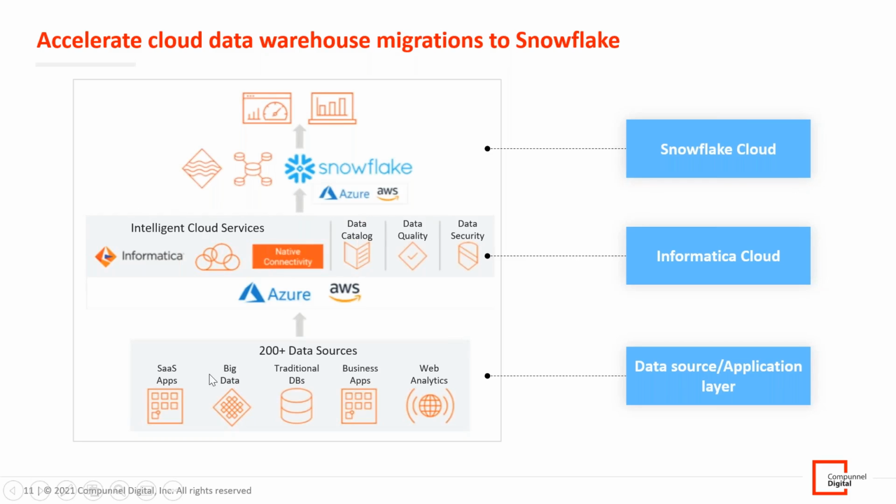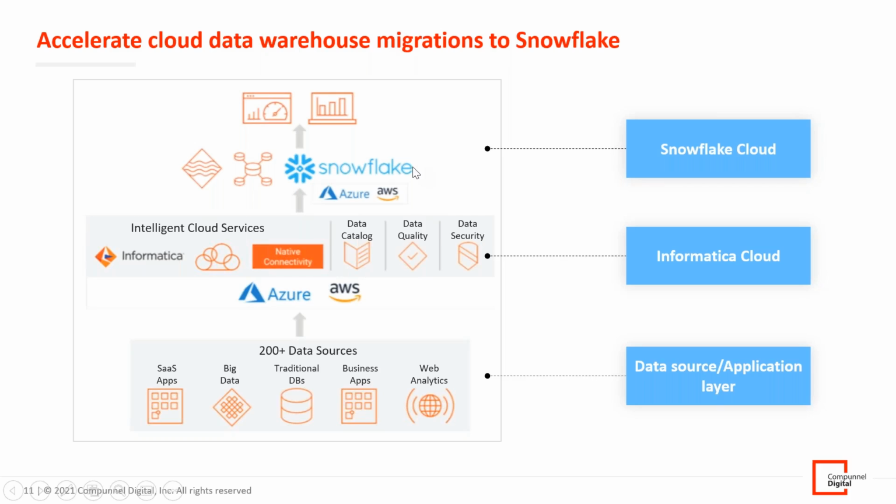Informatica Intelligent Cloud Services is cloud-based ETL software, and it supports hundreds of data sources, 200 plus, though recently they upgraded and support even more: SaaS applications, big data, traditional databases, business applications, web analytics, anything. And Informatica has its own cloud applications on cloud platforms like AWS and Azure, and it pulls the data from these sources and loads it into Snowflake.